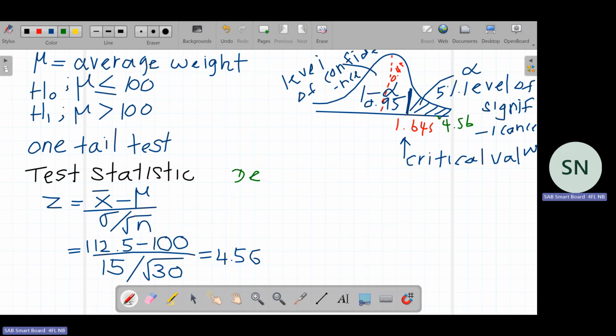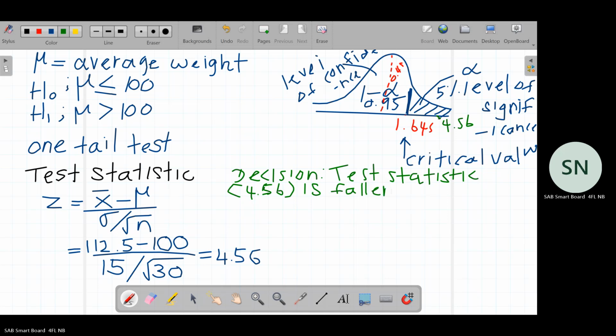Under the decision, we can say our test statistic, according to this example, is 4.56. The test statistic has fallen into which region? Rejection region. Understood?